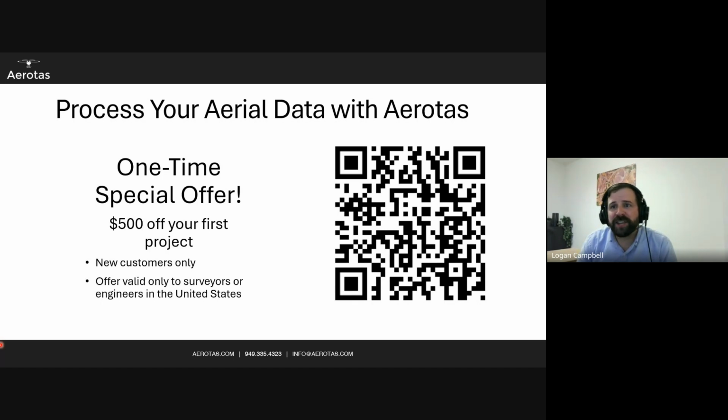Another question. Any recommendations on where to purchase reflective GCPs for LiDAR collection? Well, you don't necessarily need reflective. Even reflective is hard because if you make it too reflective, the laser pulse bounces off and you can't see it. So we always like checkerboard patterns still. And at Aerotas, we even sell ground control points online on our website.